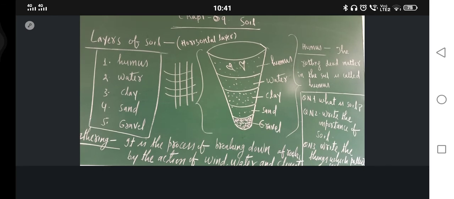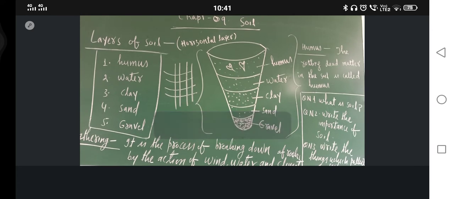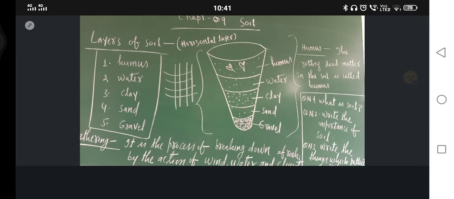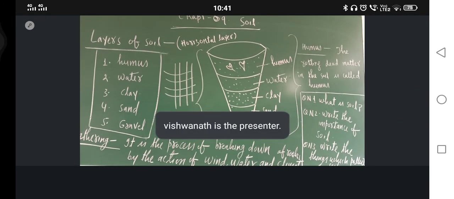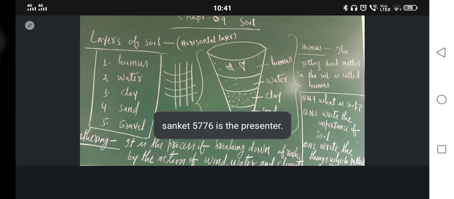This sand layer is also very important, even though it is not a very strong layer. And after sand, there are some big particles, bigger than sand particles. Gravels are there and they are very hard.